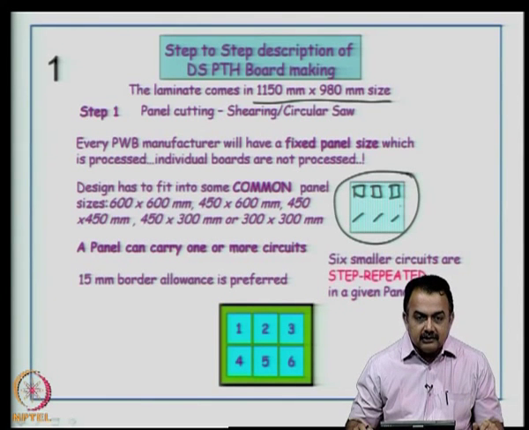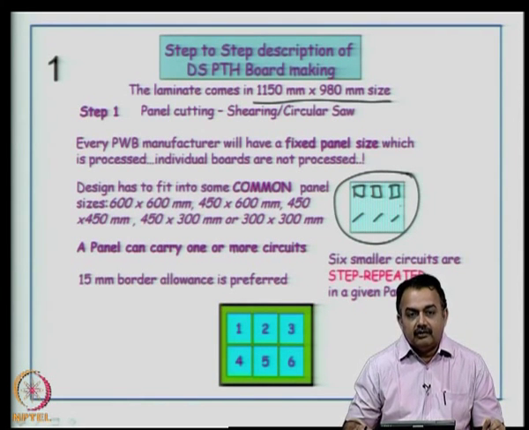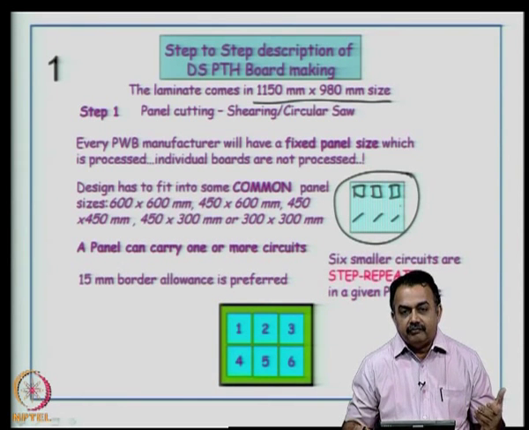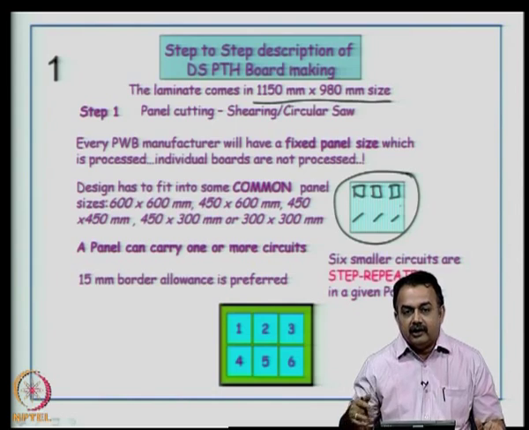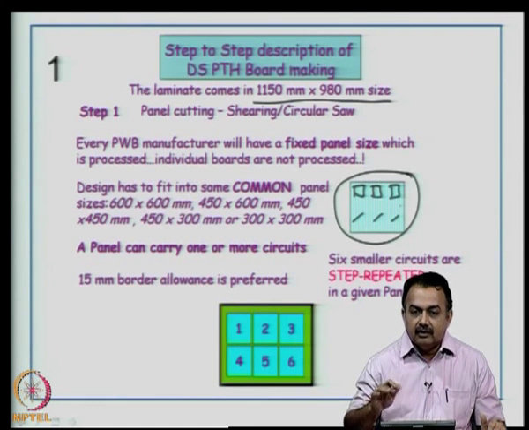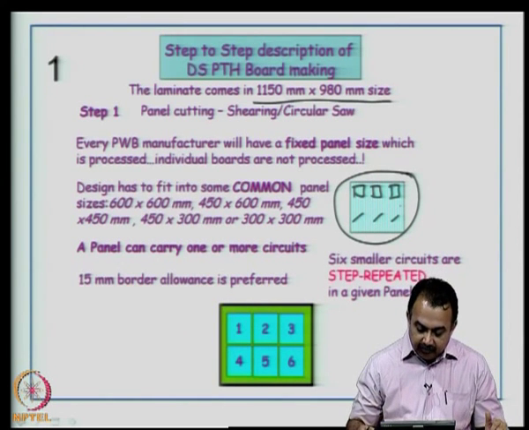The common panel sizes are 600 by 600, 450 by 600, 450 by 450, 300 by 300, 300 by 450 and so on. So, obviously, if the circuits are small, it can carry more replicated designs on a single panel. So, you have to spend some time as the manufacturer to fit in the entire panel, the circuits that you have on job.